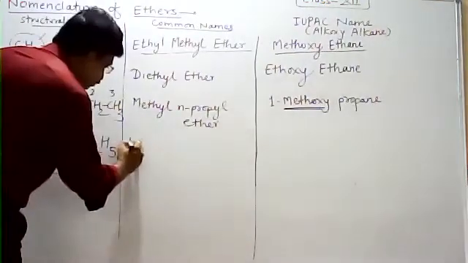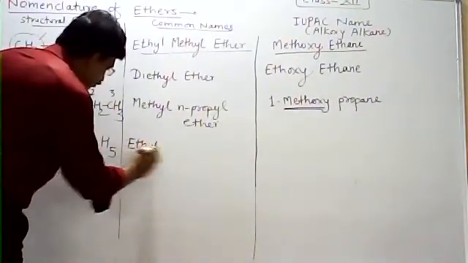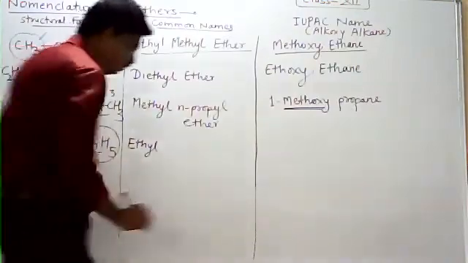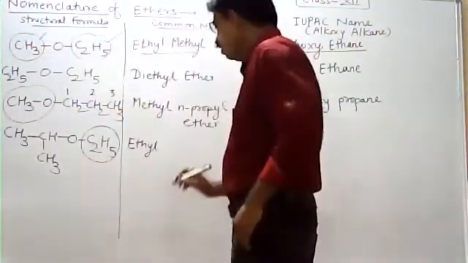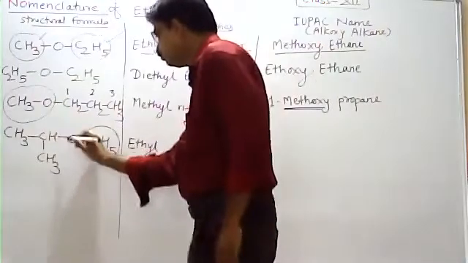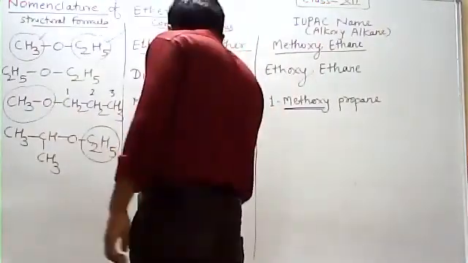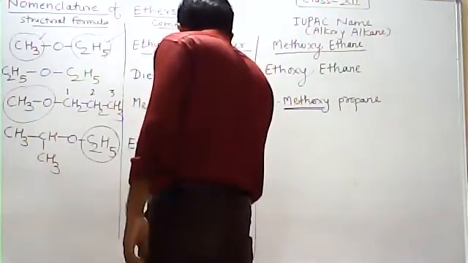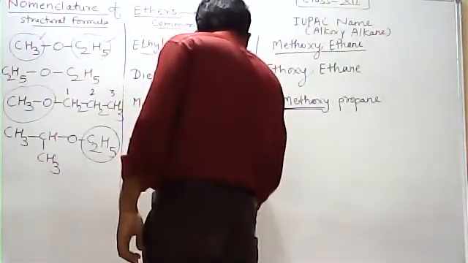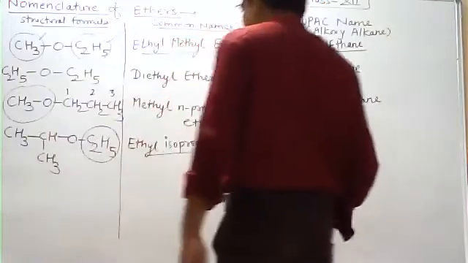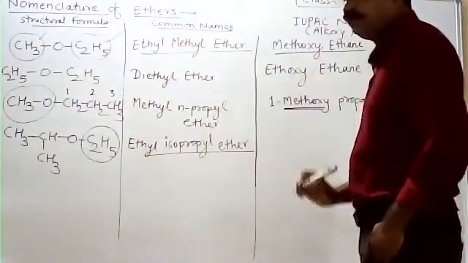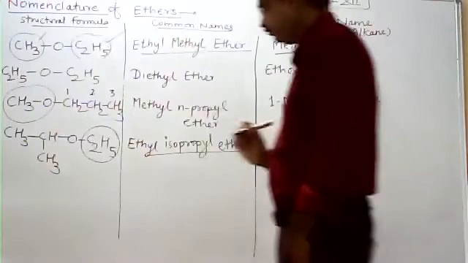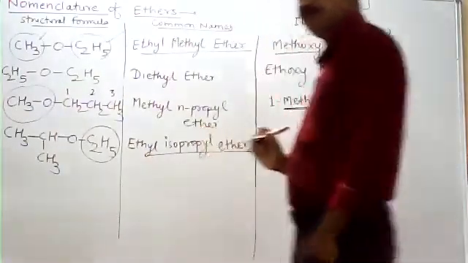This is the ethyl group, and this is the isopropyl group. So ethyl isopropyl ether. Okay. What is the IUPAC name?